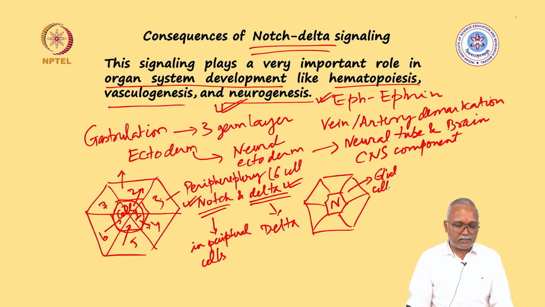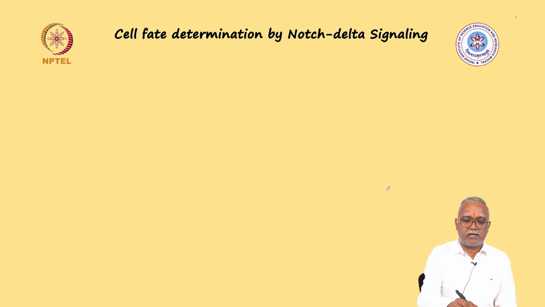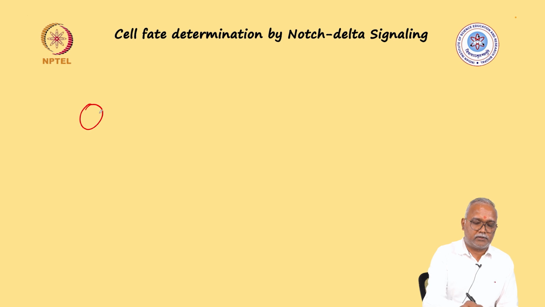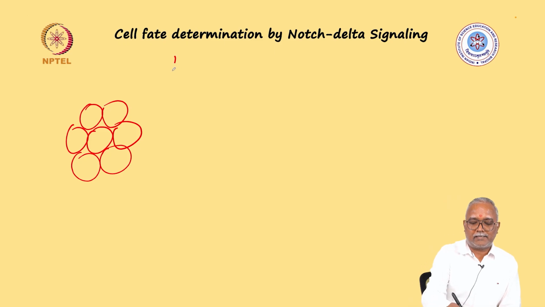So Notch-Delta signaling is ensuring how the tissue gets organized or differentiated into one cell type versus the other. What I showed you here is a scenario with neighboring cells, and one thing shown by Notch-Delta is lateral inhibition.